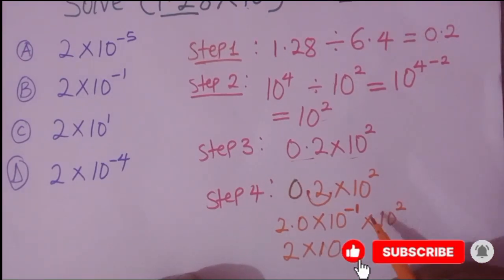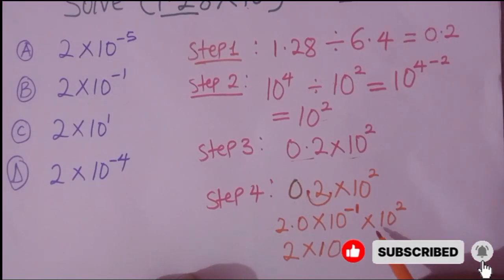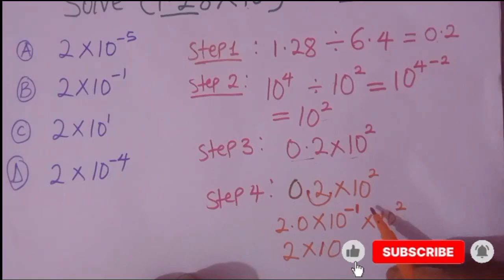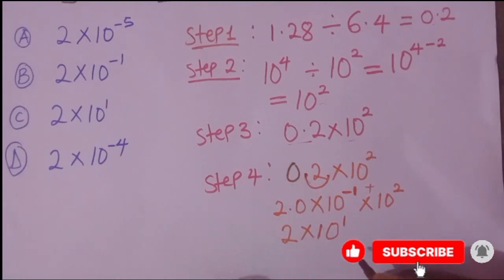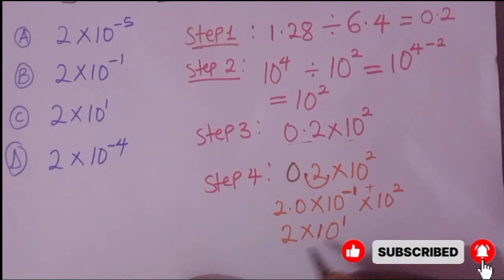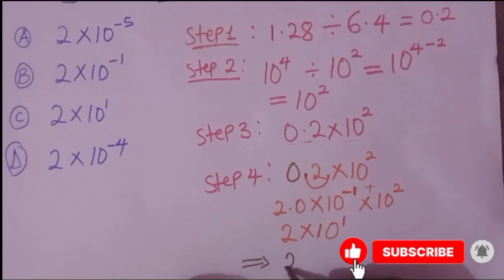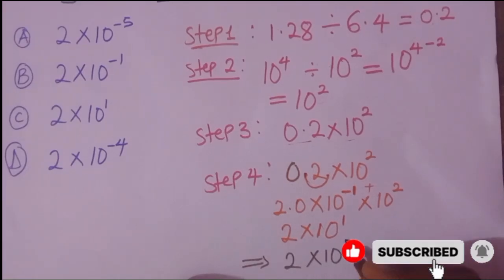Now, according to laws of indices, when you are given the same base and you are asked to multiply, you add the power. If we add minus 1 plus 2, it will give us what? 1. So our final answer is 2 times 10 raised to power 1.